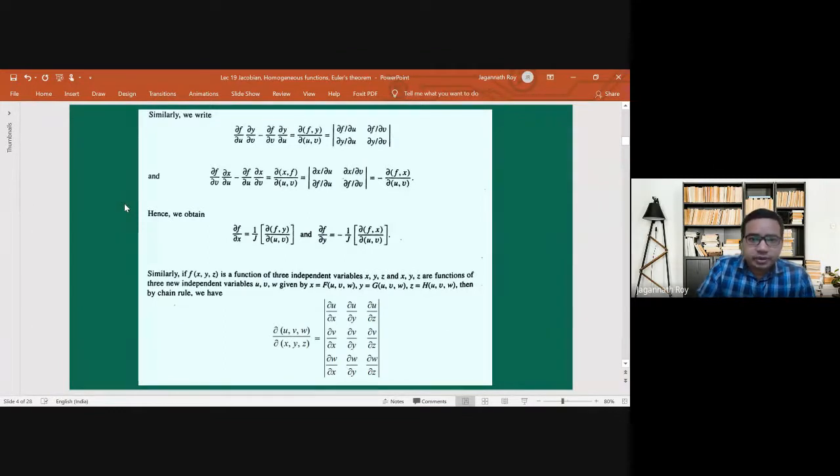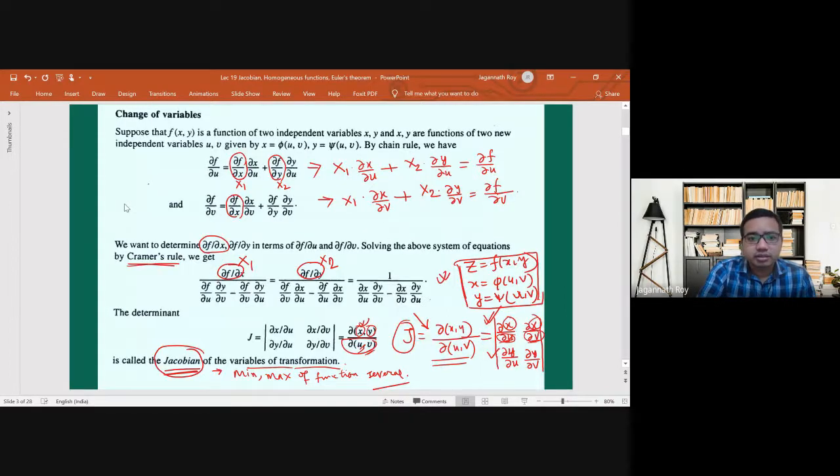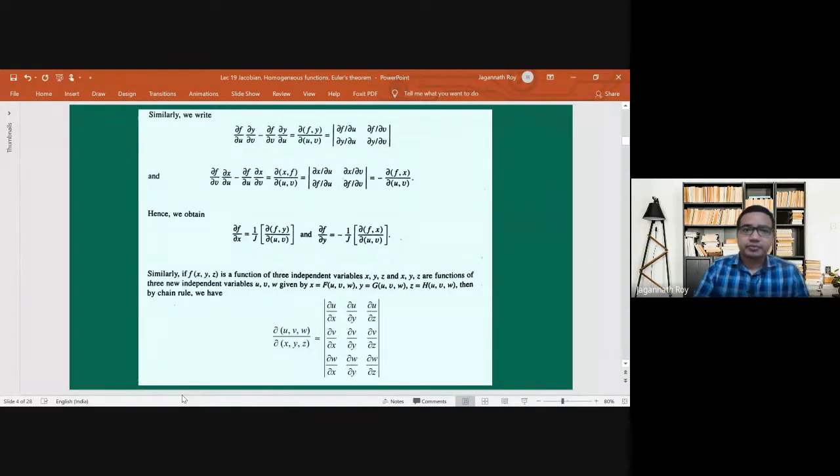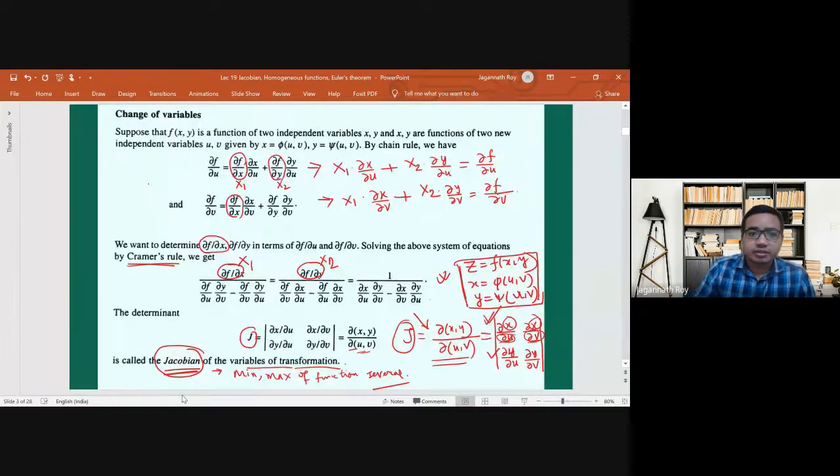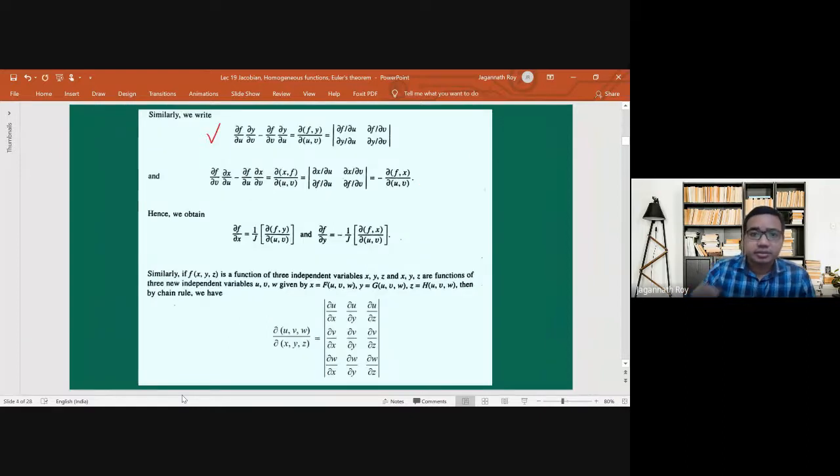So from here, what we get, if we calculate, this is J of x, y with respect to u, v, del of x, y by del of u, v. So from this equation, we are writing it as J.